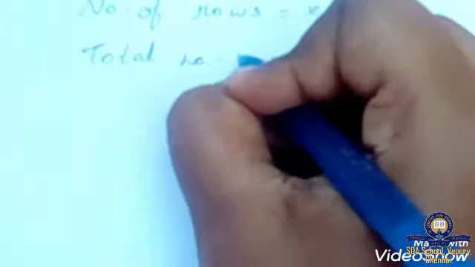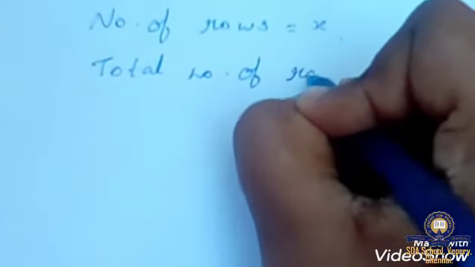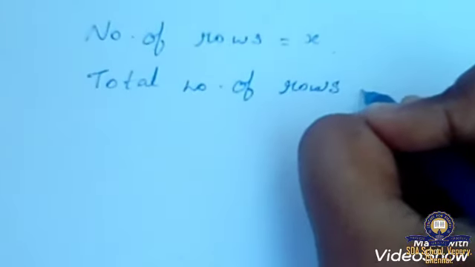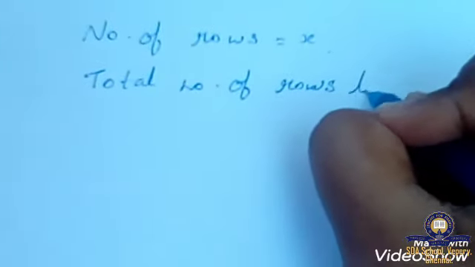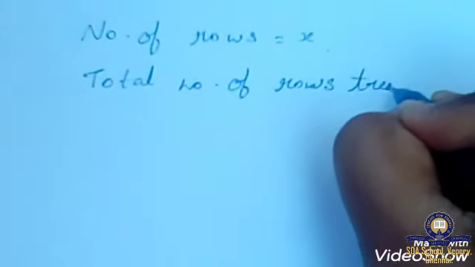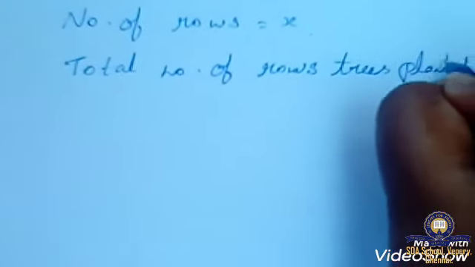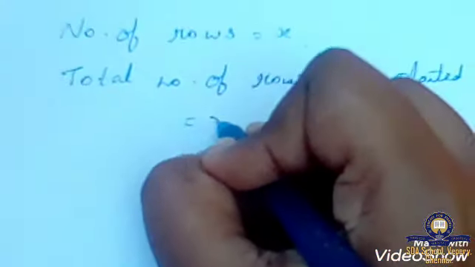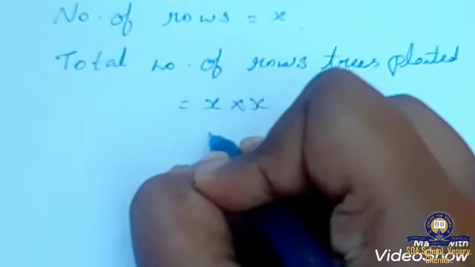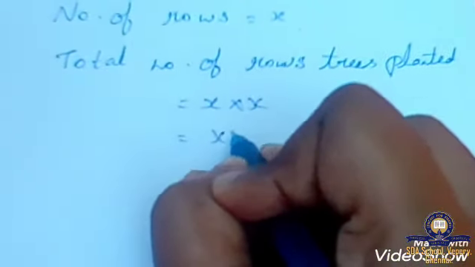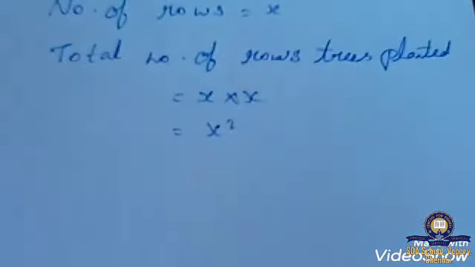Now the total number of trees planted is equal to x into x. So when we multiply x into x, we get x square.